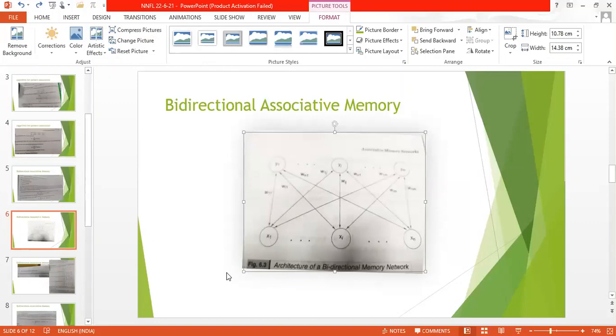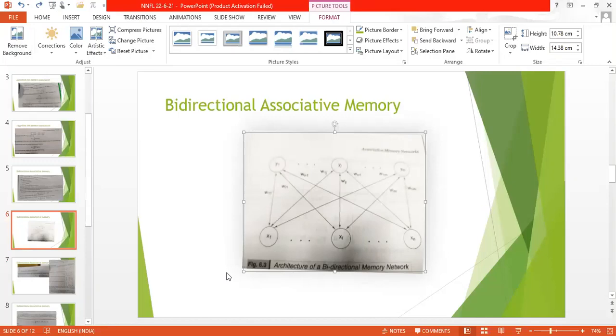The weights from X to Y are indicated as W11, W1j, like that. In the reverse direction, it will be Wj1, Wj2, like that.